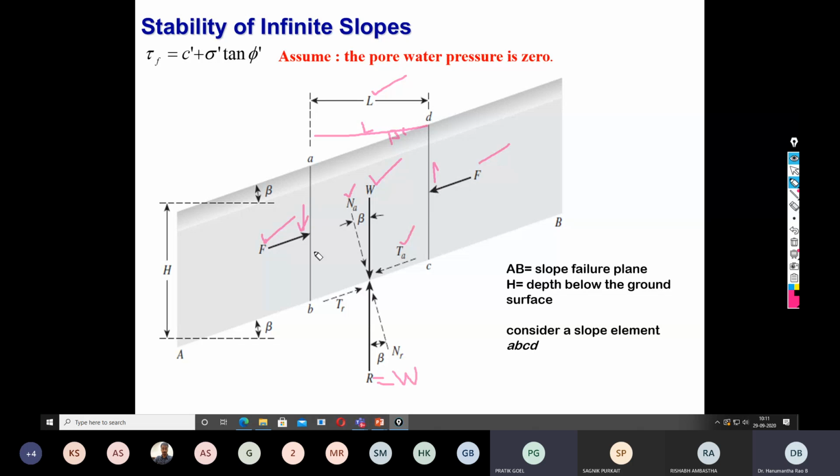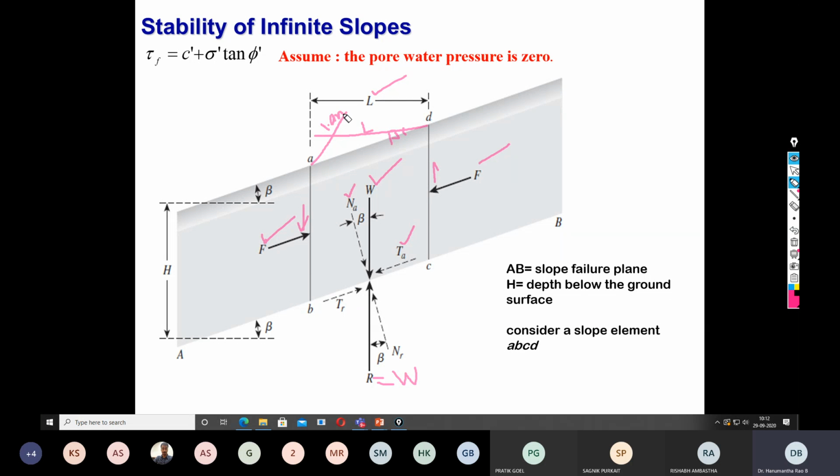See, if I know the area A, B, C, D, and I know the density of the soil mass, density multiplied by the area will give the weight component. For volume, you take 1 meter of length perpendicular to the diagram.